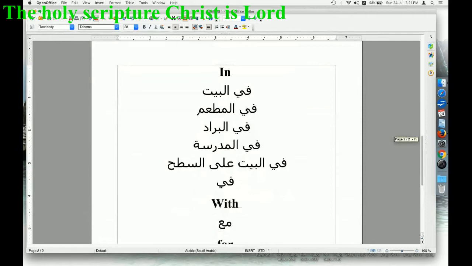He is at home still. All right, but now he is on the roof. على السطح. على presents, where he is located, on the top of what? All right, if he is on a location, you need to mention على. Same as you say in English, he is on the roof.